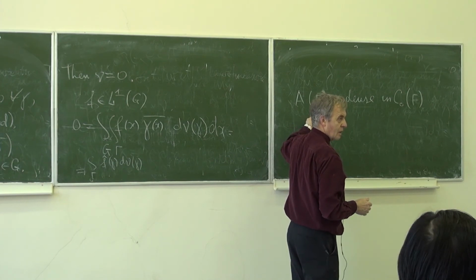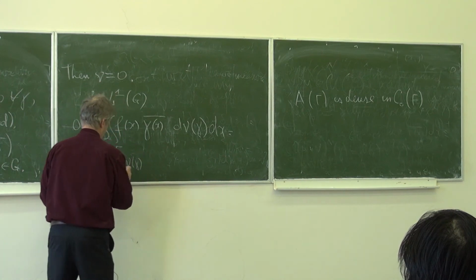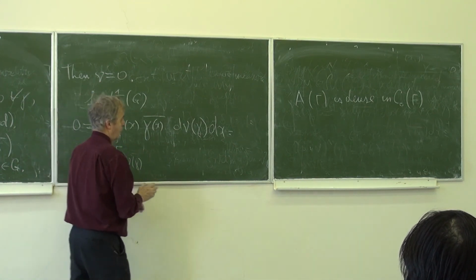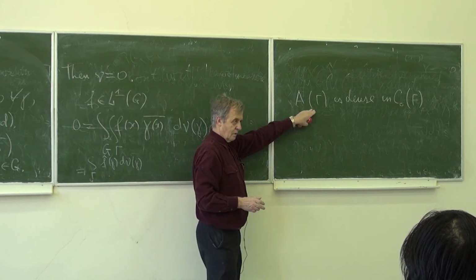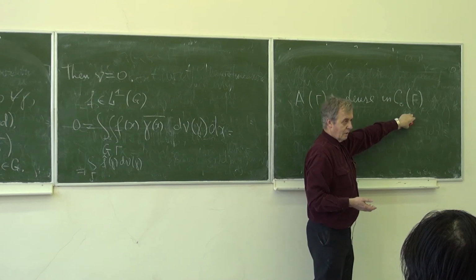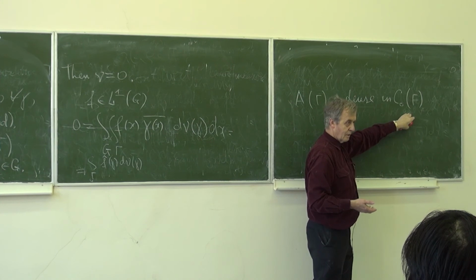Yeah, I mentioned how do you use it? Well, the functional generated by mu is equal to 0 on this set. Yes. But it's continuous here, and this is dense here, so it is 0 here.